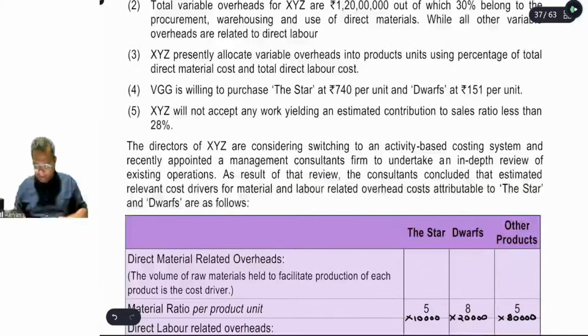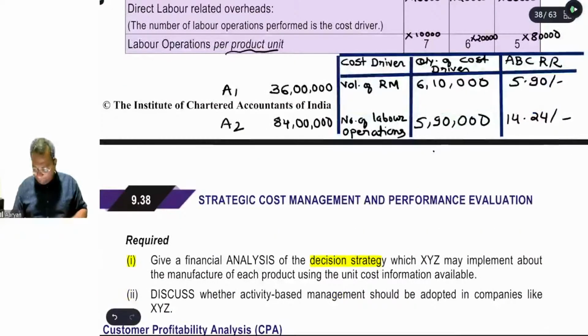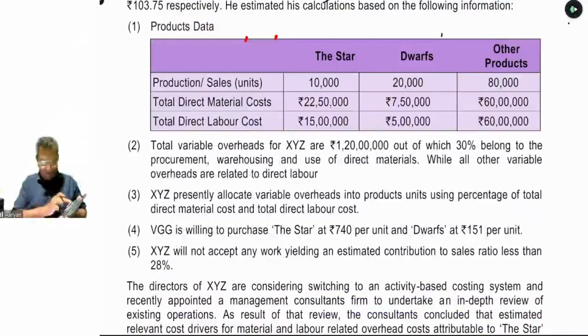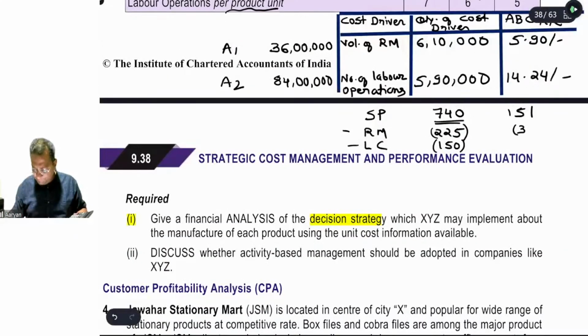अब देखिए अपन आराम से निकाल सकते हैं। सेल प्राइस अपने को पता है, what is the sale price? 740, 151 is the sale price, minus raw material cost, just अभी अभी निकाला था, 225, minus labor cost 150. ओके इसका भी निकाल लीजिए बेटा, आप कितना आ रहा है, 7,50,000 divided by 20,000, 37.5, and 25.